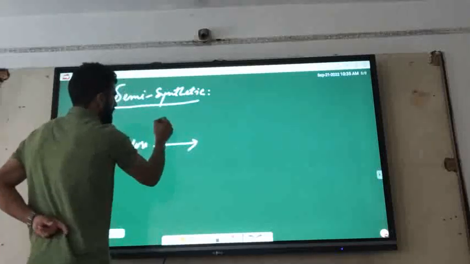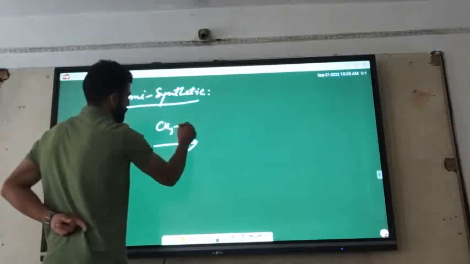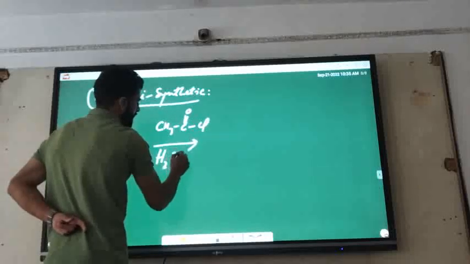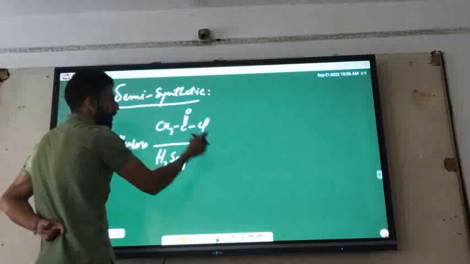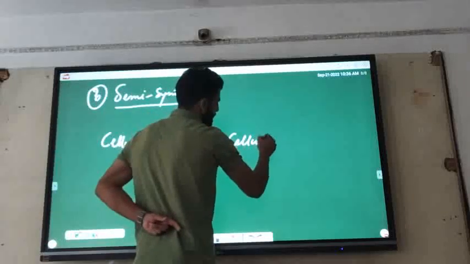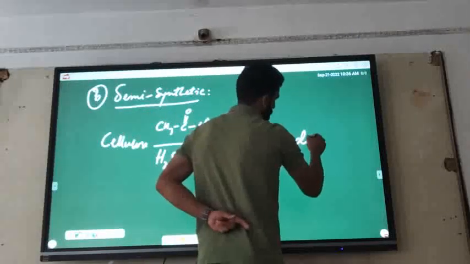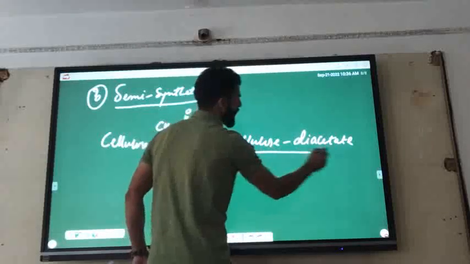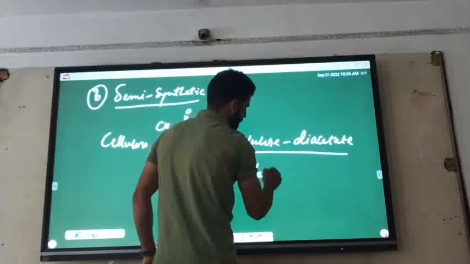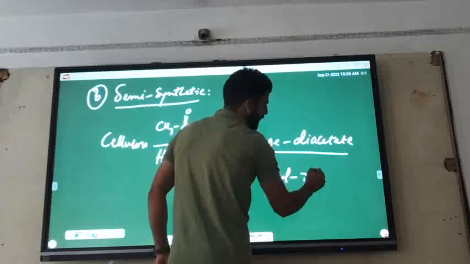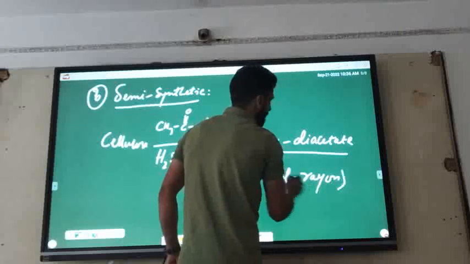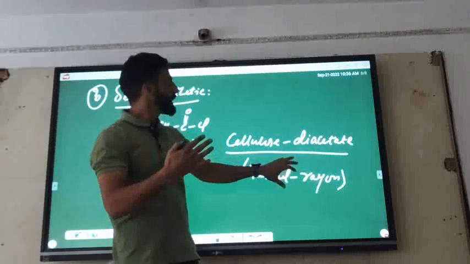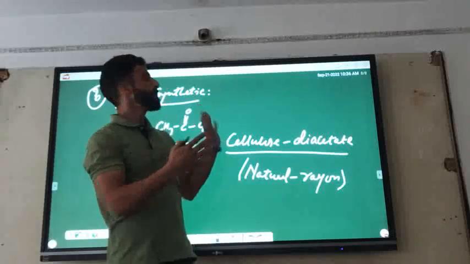We are doing acetylation in the presence of sulfuric acid as catalyst, and it forms cellulose diacetate, which is a very good source of rayon. Rayon is one type of cloth, a highly costly cloth, but it cannot be directly obtained from natural sources.